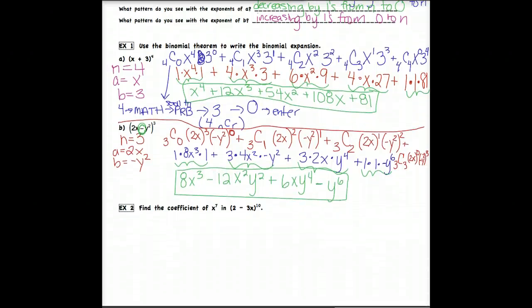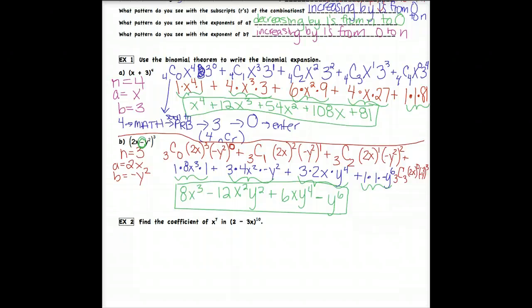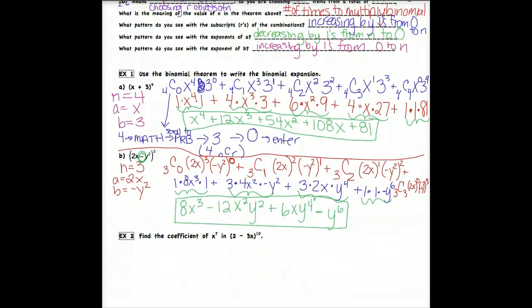Example 2, find the coefficient of x to the 7th in 2 minus 3x to the 10th. Notice it doesn't ask you to expand it, it just needs you to use the patterns to find one particular term. So the formula looks like this.